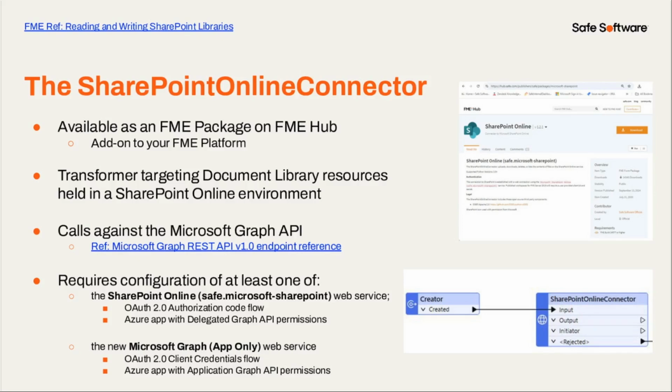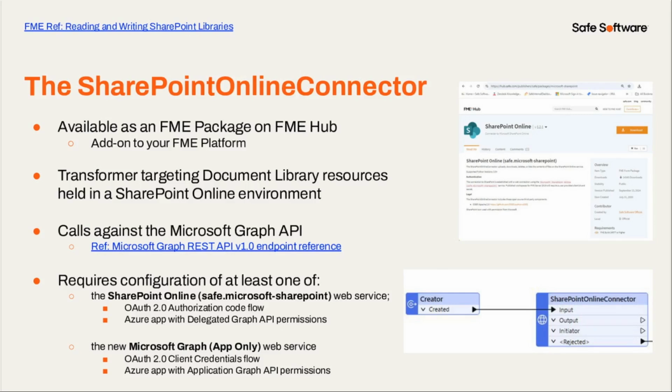If you have a valid Microsoft username and password, and your Azure registered app has delegated Graph API permissions, then you could configure the Microsoft SharePoint web service, so the top one shown there.